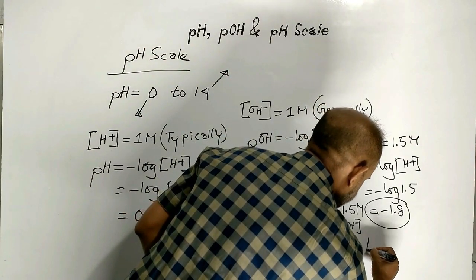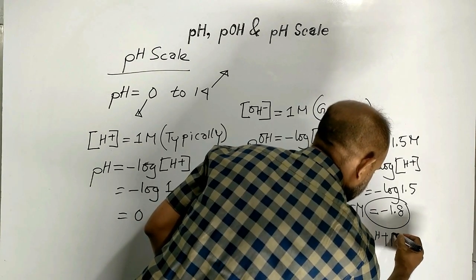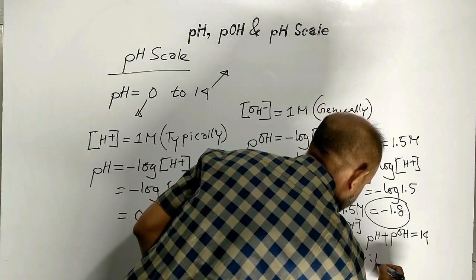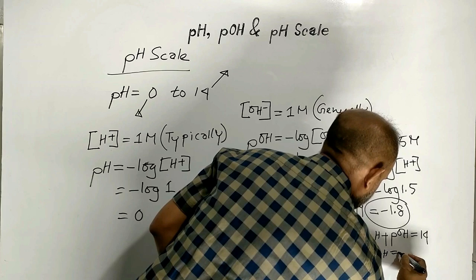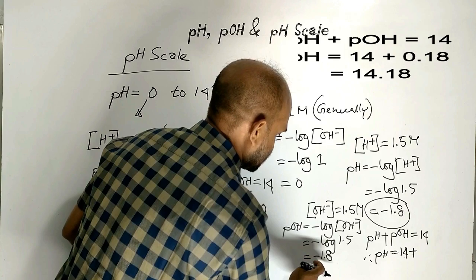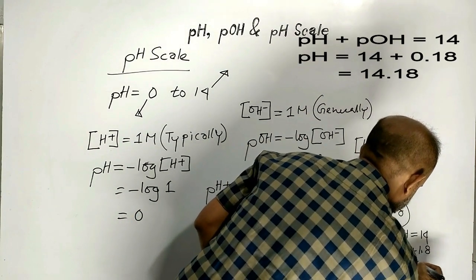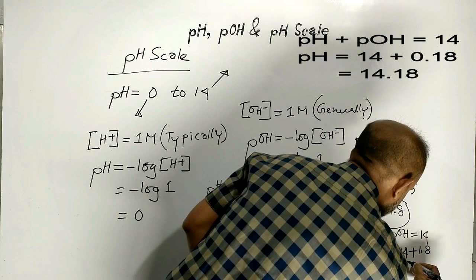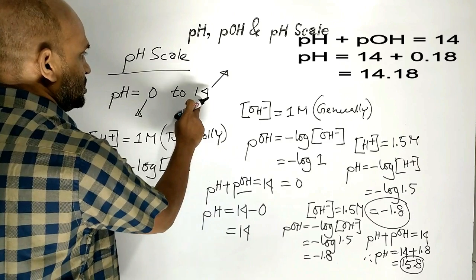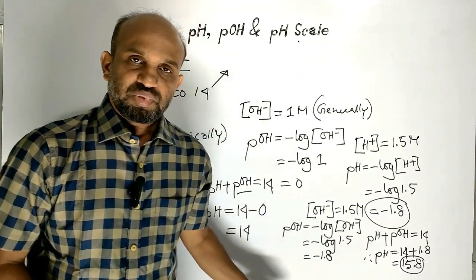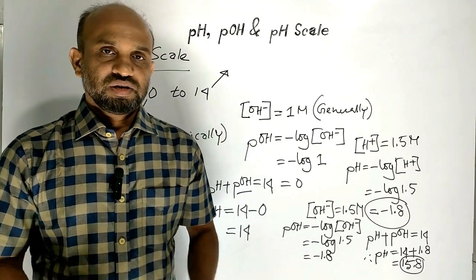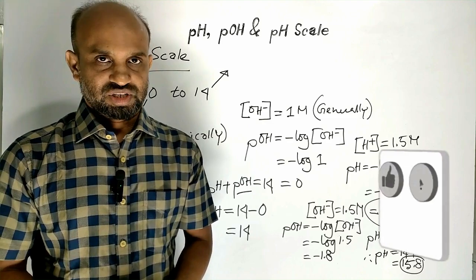Then what will be pH? pH plus pOH is equal to 14. Then pH is equal to 14 plus 1.8 on the right side, that is 15.8, which is more than 14. So pH scale is 0 to 14, but its value can be less than 0 and more than 14.